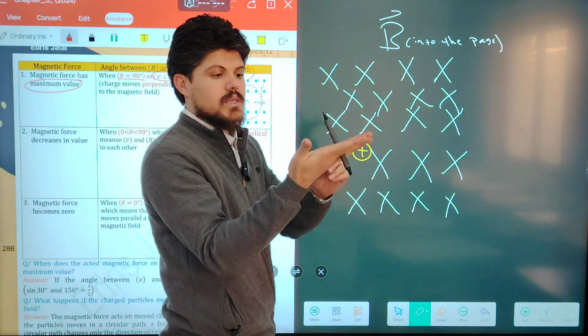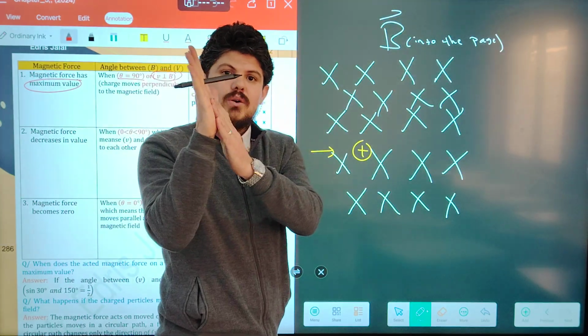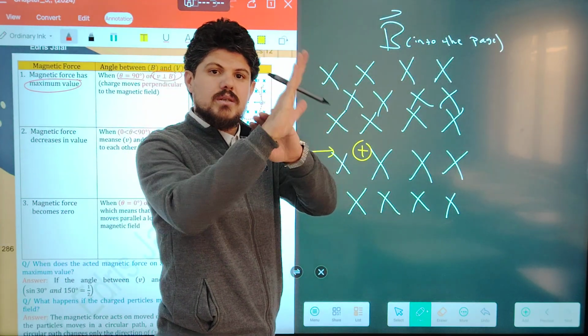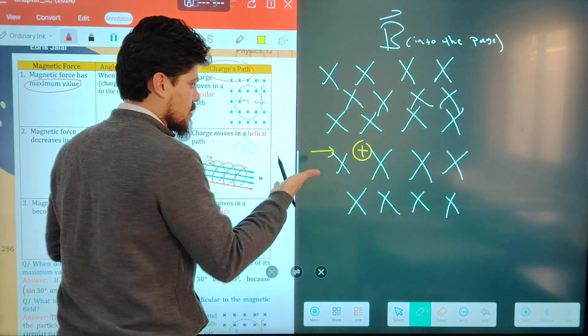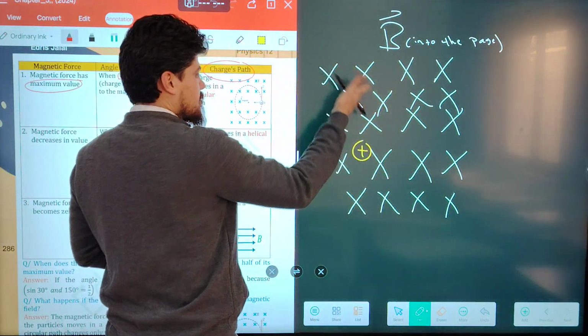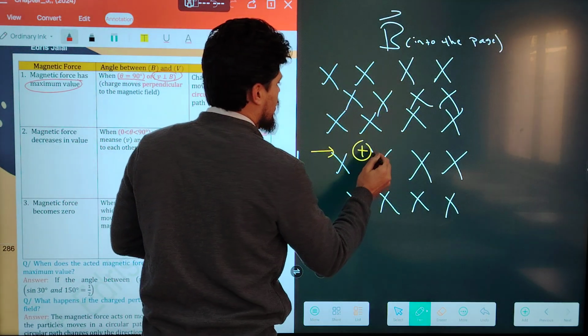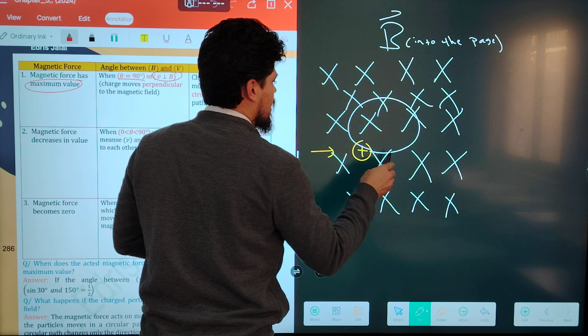We have two forces: positive force out of the palm and negative force into your palm. Here we have a positive charge, so it should move in a circular path.